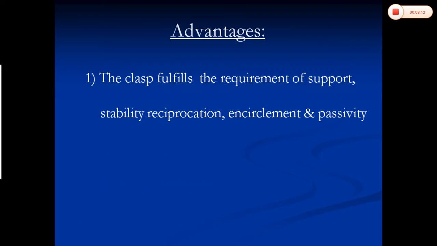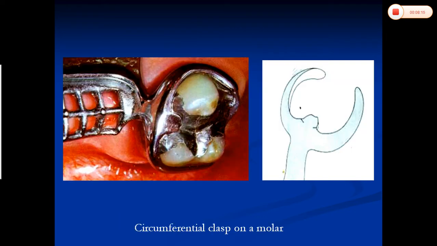Coming to disadvantages, it tends to increase the circumference of the crown. You can see here, the clasp is covering the tooth buccally and lingually. So it covers most of the tooth, and because of this, it changes the contour of the tooth structure.